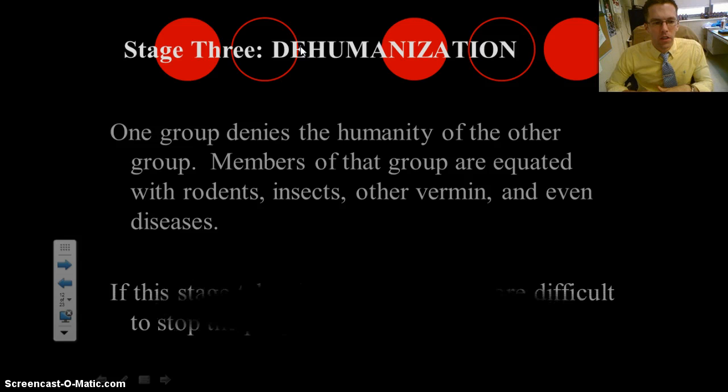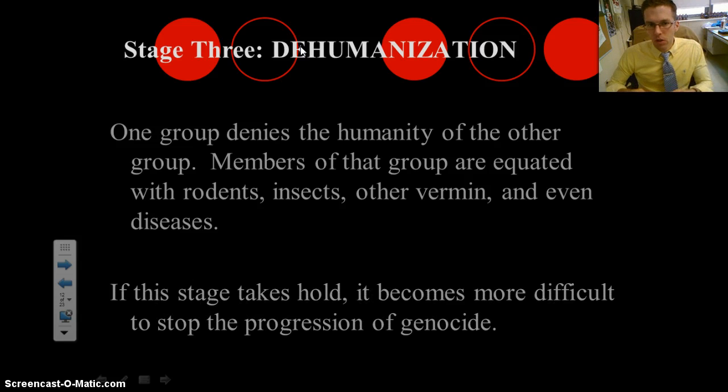Once this takes hold, and we're going to think about why this is so important, if you can dehumanize a group to the point that they're just a rat, it's going to be much easier to kill them. And we'll see this very deliberately, systematically play out in Nazi Germany.